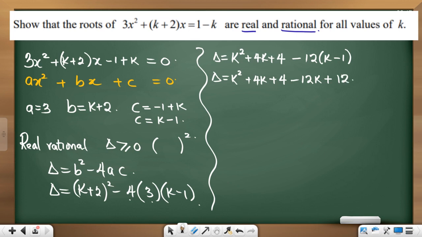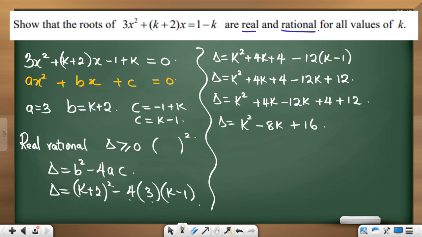I hope it's making sense. We just expand. Let's simplify. k squared plus 4k minus 12k, like terms, right? Plus 4 plus 12. What do we have? k squared, what is 4 minus 12? Minus 8k. 4 plus 12 is 16. Can we factorize that now? What would this be? k minus 4, k minus 4.